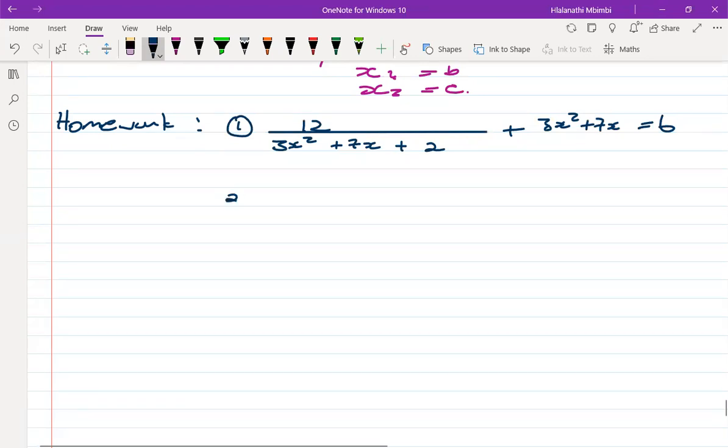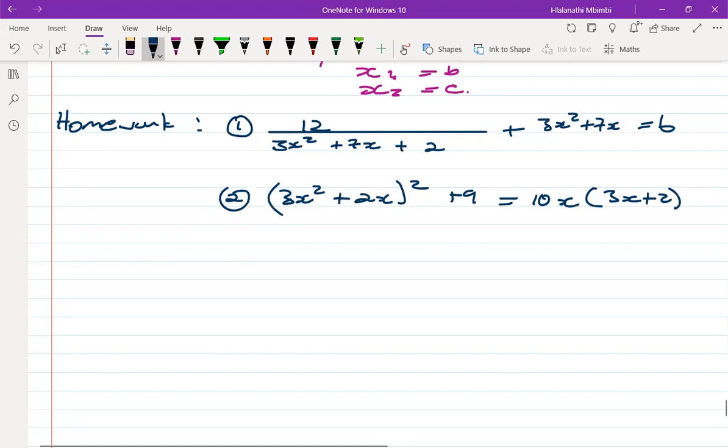Or let's have something a bit different to what I did. 3x squared plus 2x, that squared. Remember, you always look for the repeated part of the equation, 3x plus 2. And then let's give you some nice third questions.